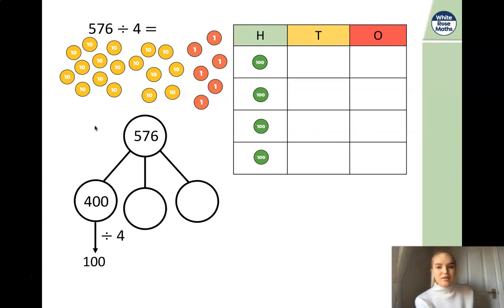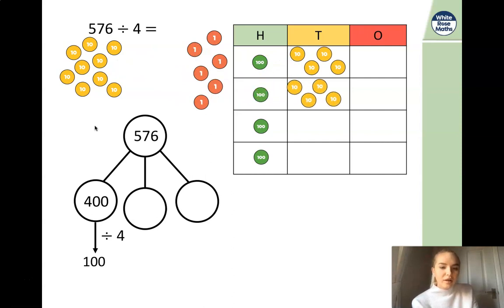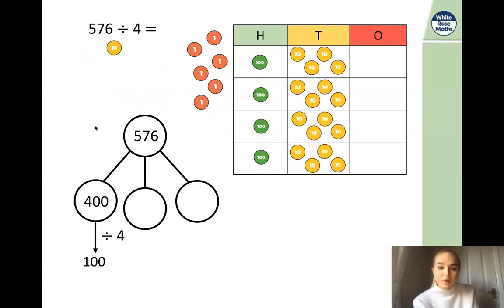And I can start to put my 10 tens in my tens column. And I know that I have got 17 tens, but I can use my times table knowledge to know that 16 divided by 4 is 4. So we are going to be left with 4 tens in each of our rows.